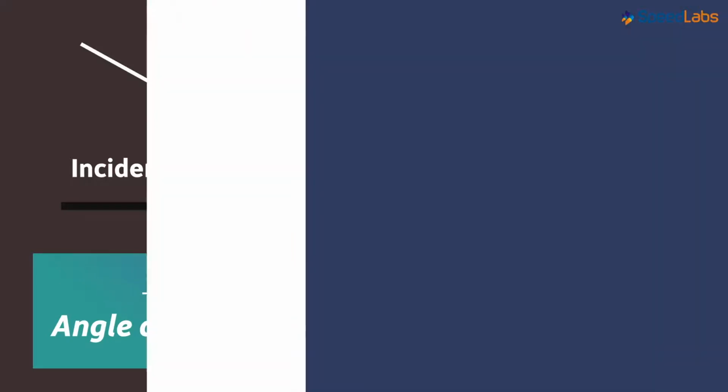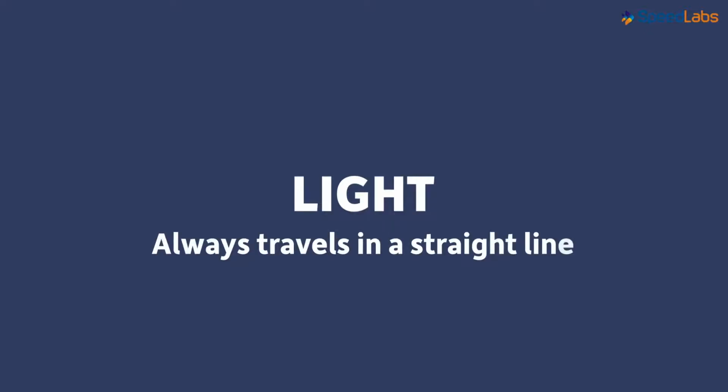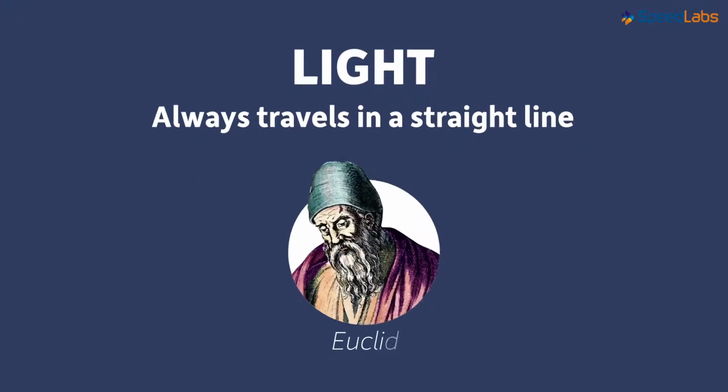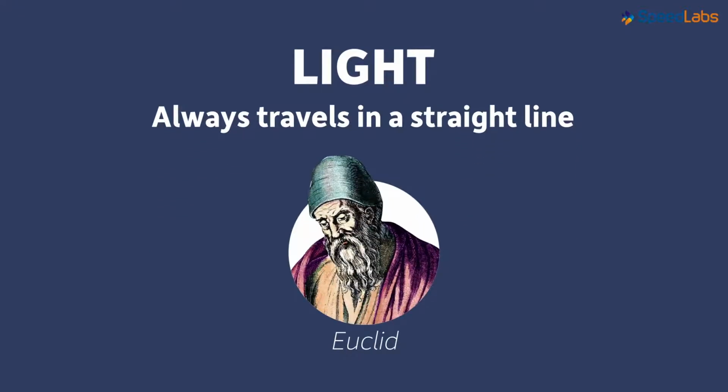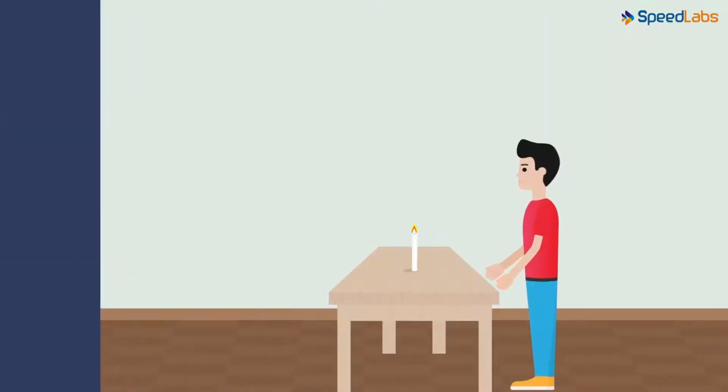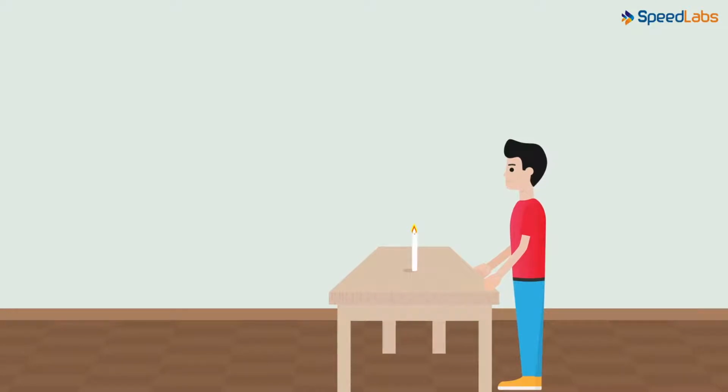But for now, we will discuss one important characteristic of light, and that is light always travels in a straight line. This observation was first postulated by Euclid in around 280 BC. You can also try to demonstrate the same thing at your home. Take two pipes, one which is straight with no bends and the other which is bent in the middle.